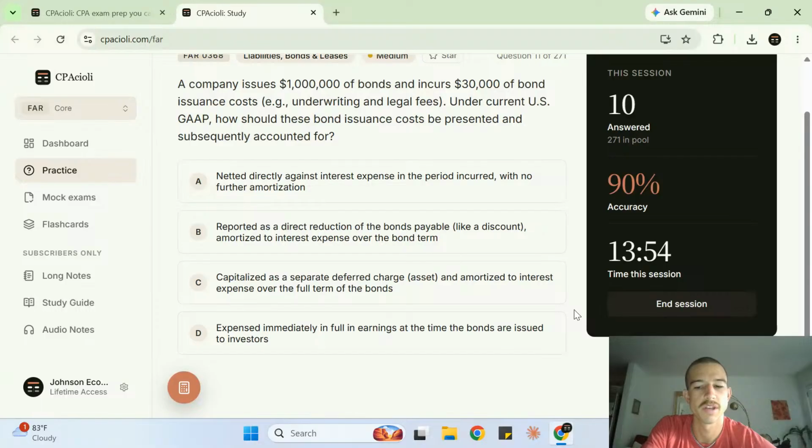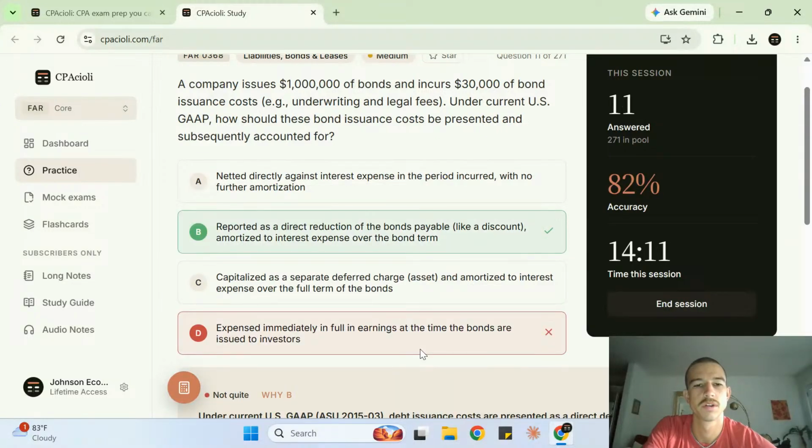I'm trying to think whether bond issuance costs would be capitalized or expensed. Legal fees, I think it's expensed. All right, let's see. Reported as a direct reduction of the bonds payable, like a discount, amortized to interest expense over the bond term.